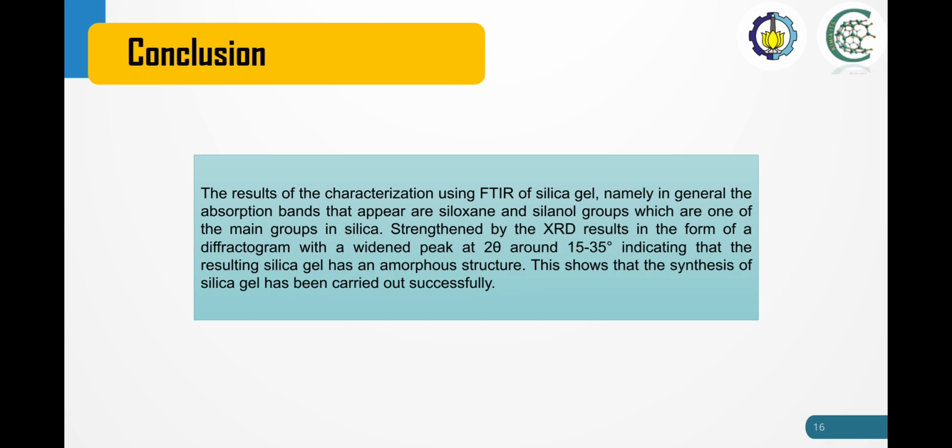This shows that the synthesis of silica gel has been carried out successfully.